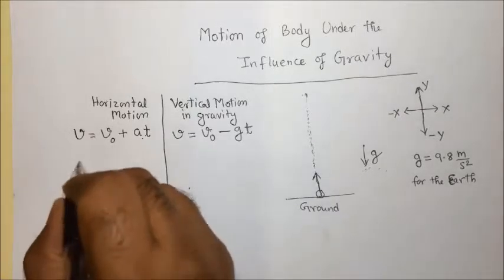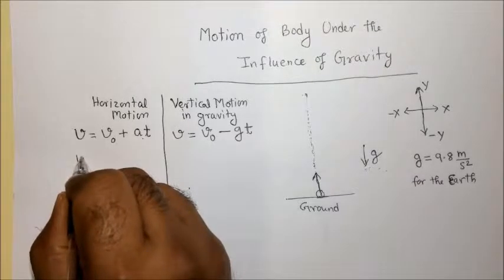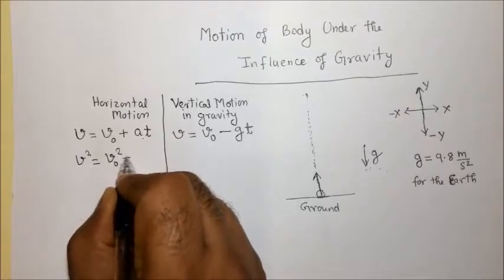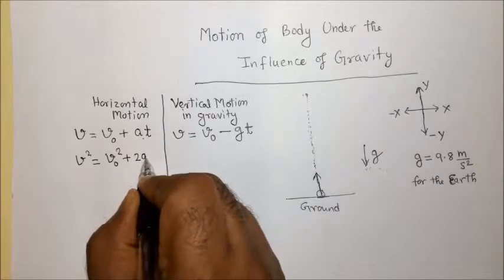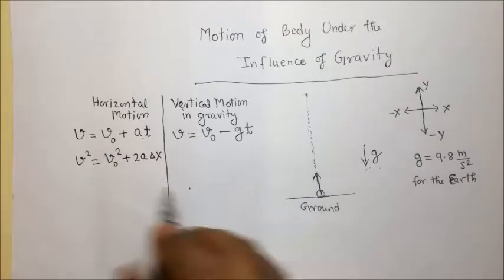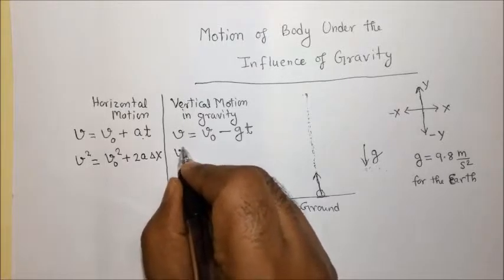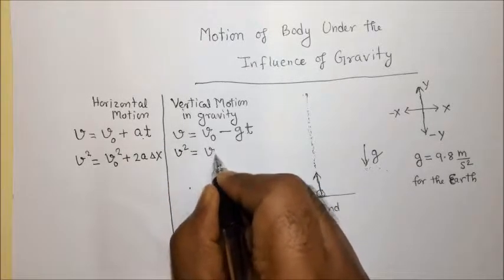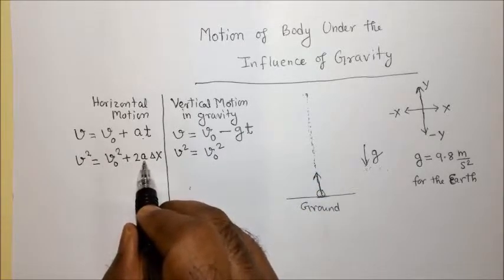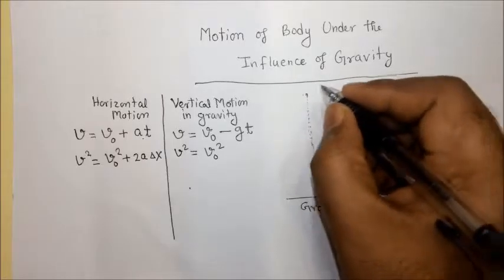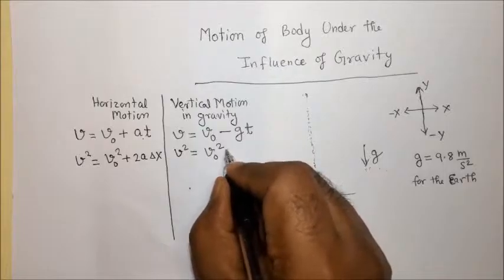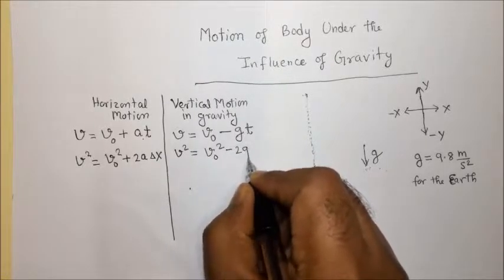There was another equation: V final square is equal to V initial square plus 2A delta X. This equation will become V final square is equal to V initial square, same thing, and in place of A you put minus G, so minus 2G.